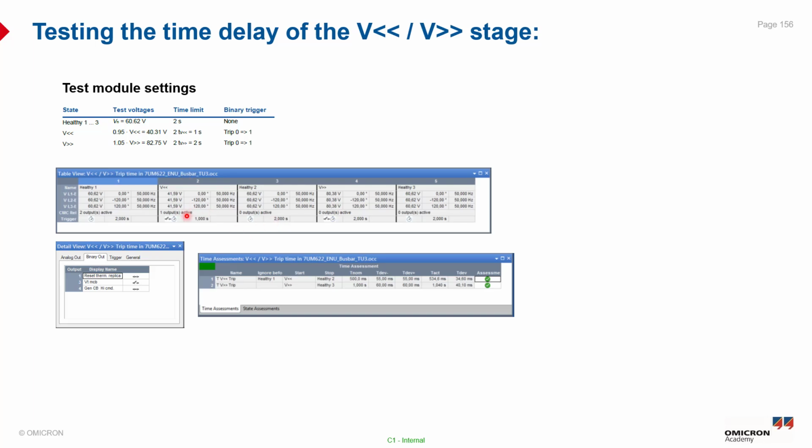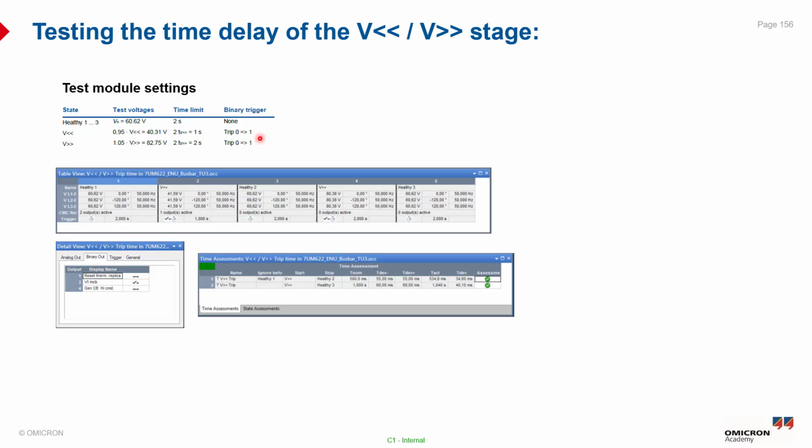And in state number 2, we can test the undervoltage protection stage 2, as you can see. We can define the value of the voltage to be 0.95 of the set value, and the time limit to be double the expected time. We are expecting 0.5 seconds, so we can put it 1 second, and the trigger condition here is the trip from 0 to 1 to assess the undervoltage protection stage 2 trip time.